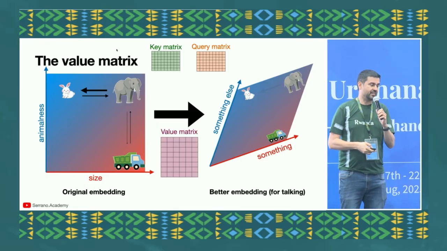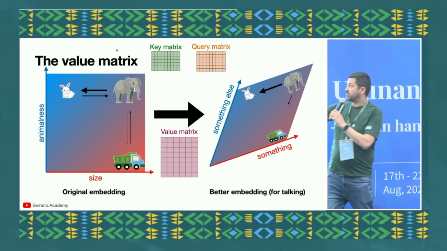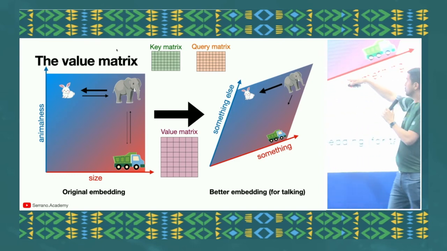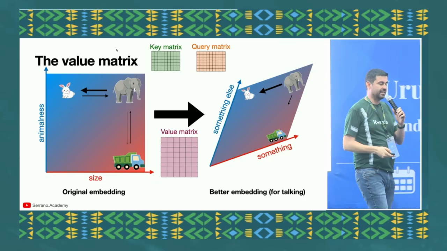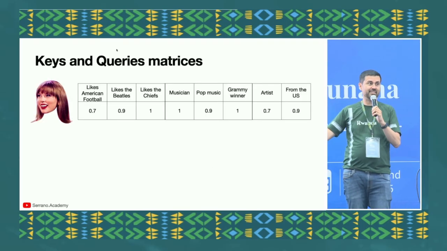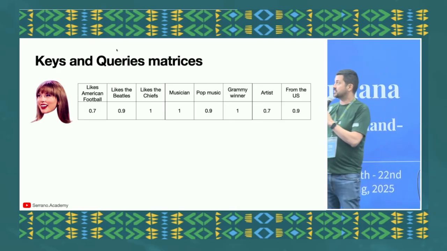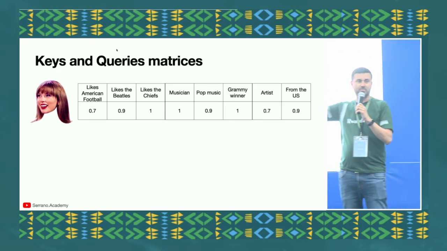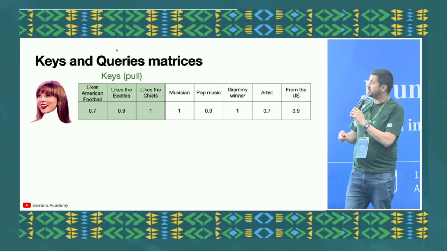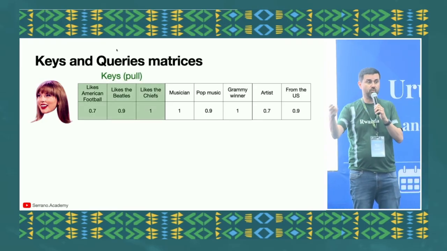But obviously, we can always go back and find the similarities there and do the movement in the better embedding. I can be more concrete than that, going back to Taylor Swift, of course. Let's say this embedding has a lot of descriptions for Taylor Swift, right? And some of them are keys because they pull other words.